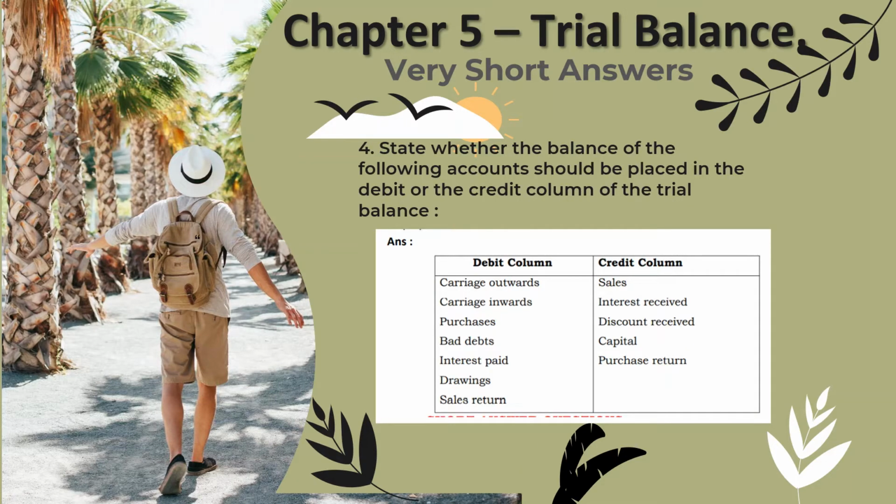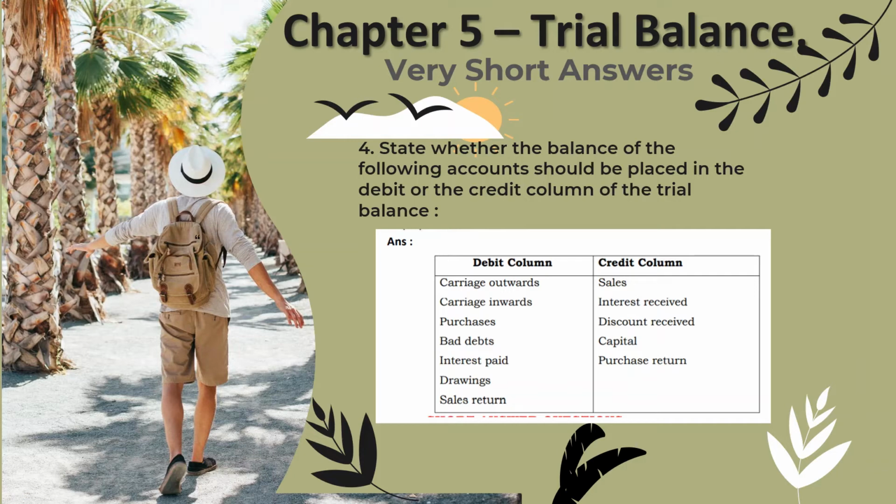Now based on this, you can see which account has a debit balance. Carriage outward, carriage inward, both are expenses only. So it has a debit balance, so we should write it in the debit column. Purchases debit, bad debts, interest paid, drawings, sales return.